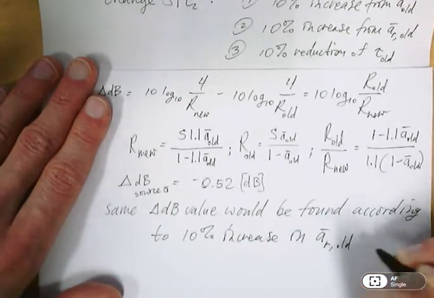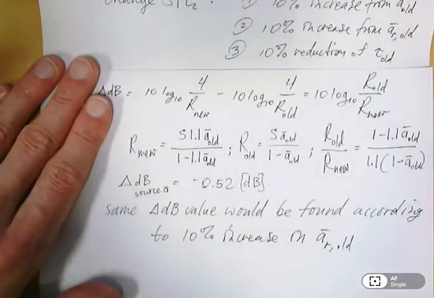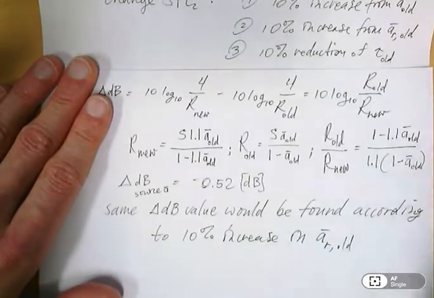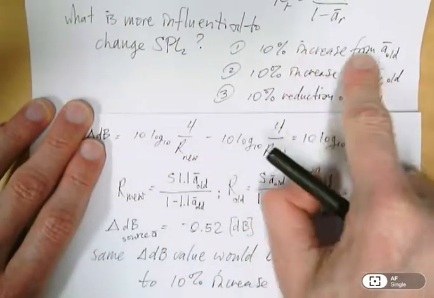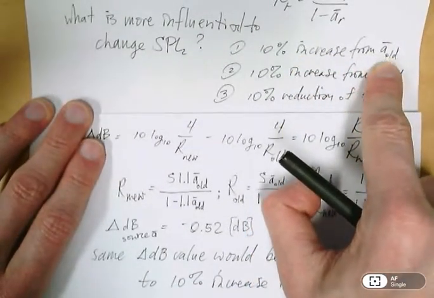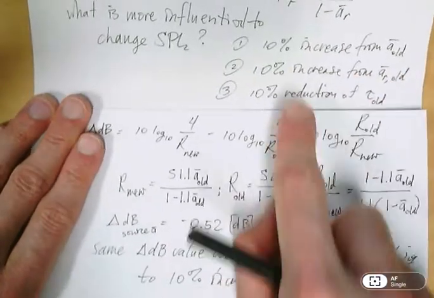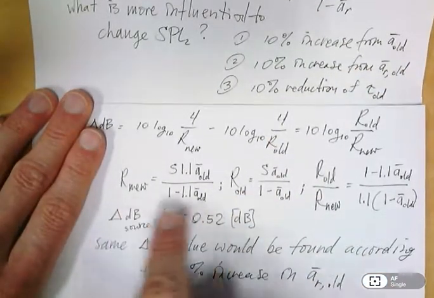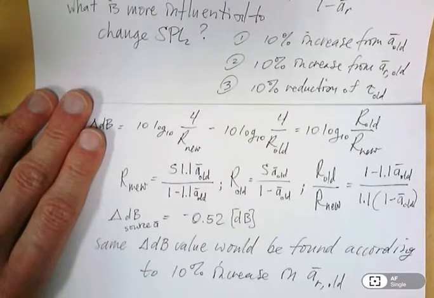So it doesn't matter whether that 10% increase occurs for the source room or for the receiving room. We have the same delta dB that would be realized, a minus 1/2 decibel change.